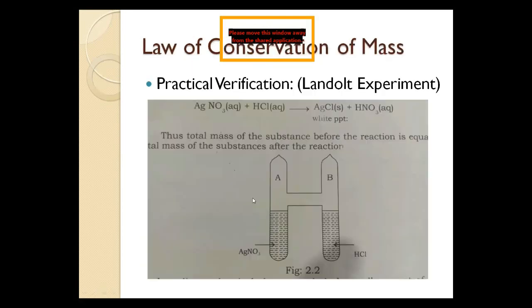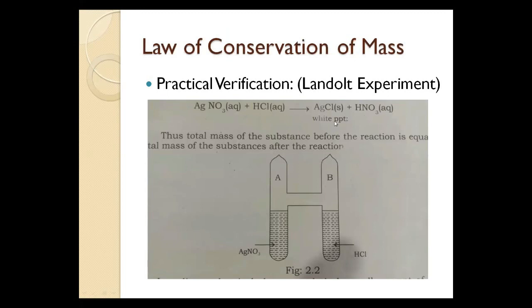chemical reaction occurs. After the chemical reaction, AgCl, silver chloride, and nitric acid are formed. So AgNO3 plus HCl react together and form silver chloride in the form of a white precipitate, or PPT.